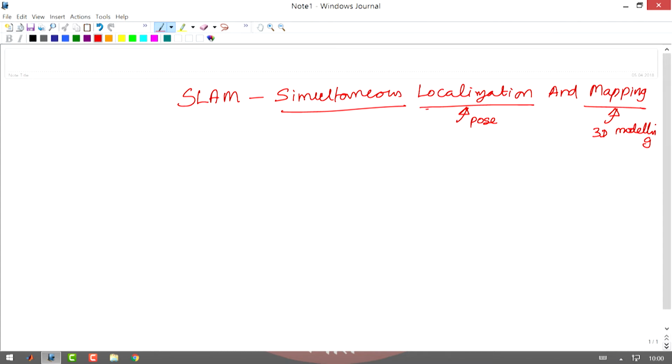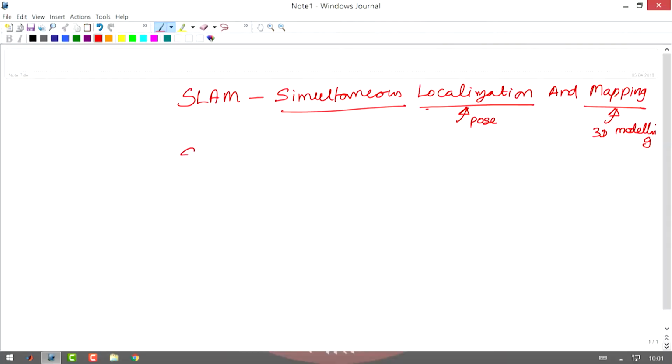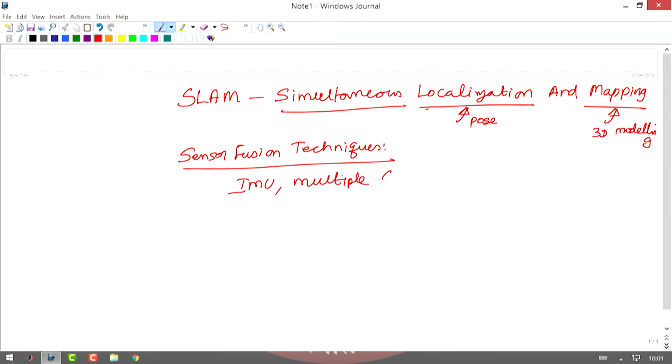Okay. There are many SLAM techniques which have been proposed in the last 20 years. Essentially these are all sensor fusion techniques. These SLAM techniques use mostly IMUs, multiple camera images, and depth cameras, and so on.